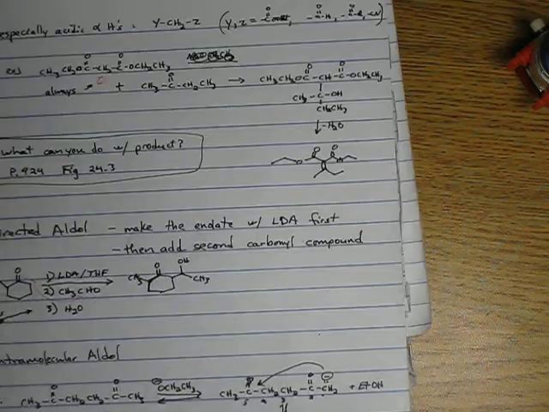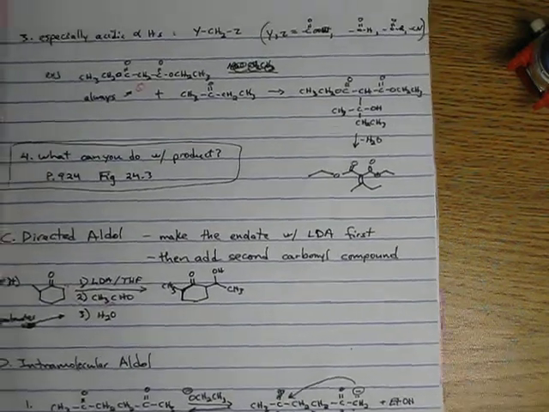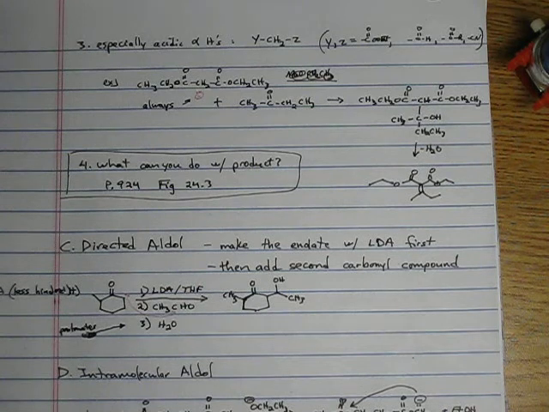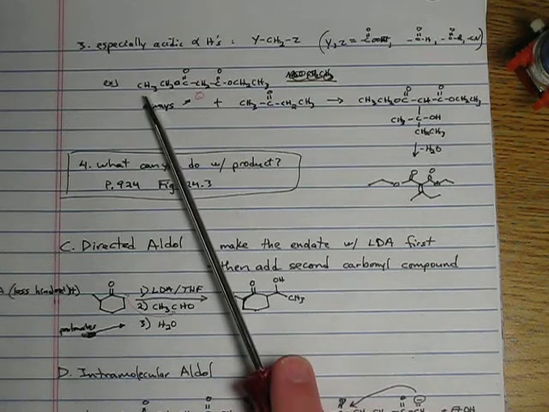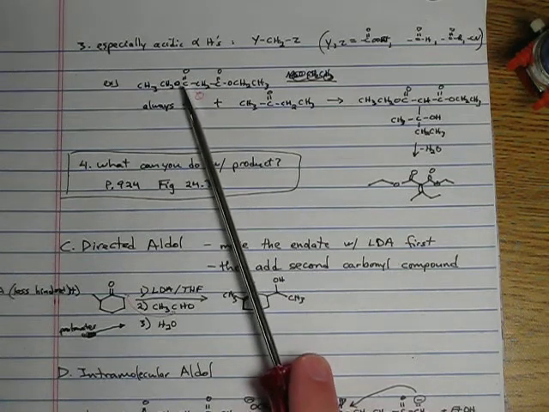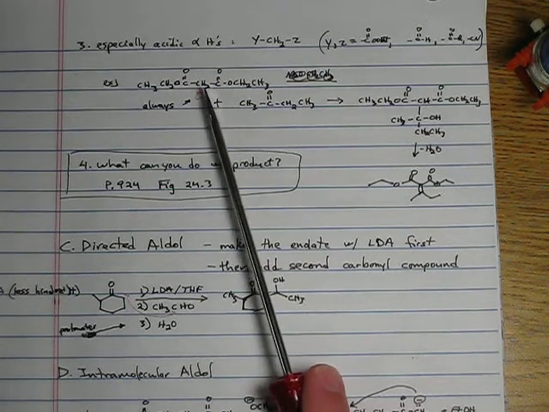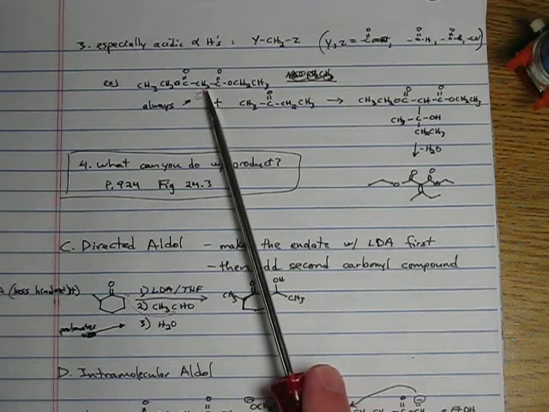Now, this cross aldol can be especially effective if we use something that has very low pKa alpha carbon hydrogens. Whoa, remember this ester right here? CH3CH2O, C double bond O, CH2, C. Yeah, recall the pKa of those two hydrogens right there?